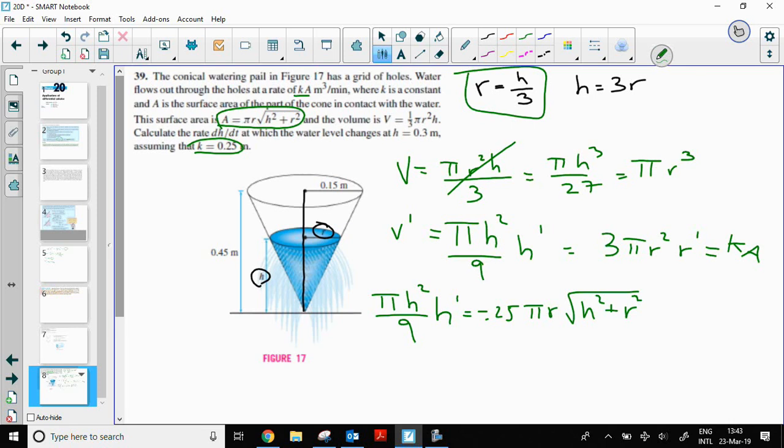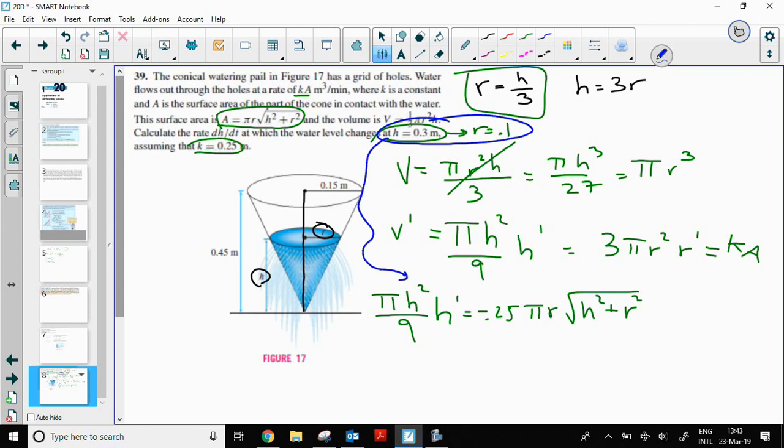Okay, so then what else do we know? Oh, they tell us that h is equal to 0.3, and then using our substitution formulas from earlier, that tells me that r is going to be equal to 0.1. And now I'm good to go, because now I can take both of those numbers and substitute them in that bottom row for h and for r.